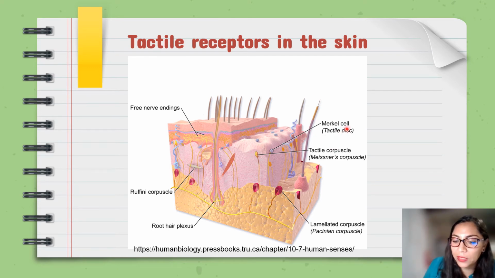We have Merkel cells, that is the tactile disc, the tactile corpuscle called Meissner corpuscle, and the lamellated corpuscle called Pacinian corpuscle. So all of these structures with strange names are receptors. These receptors perceive different stimuli, and we already know, for instance, pressure, temperature, or pain. So this is the structure that we have in our skin that allows us to have this sense of touch. So let's continue.